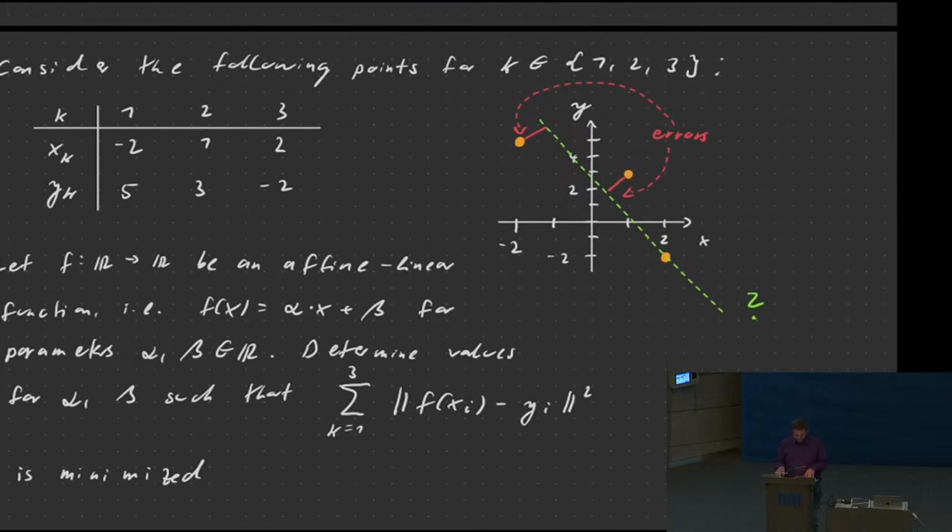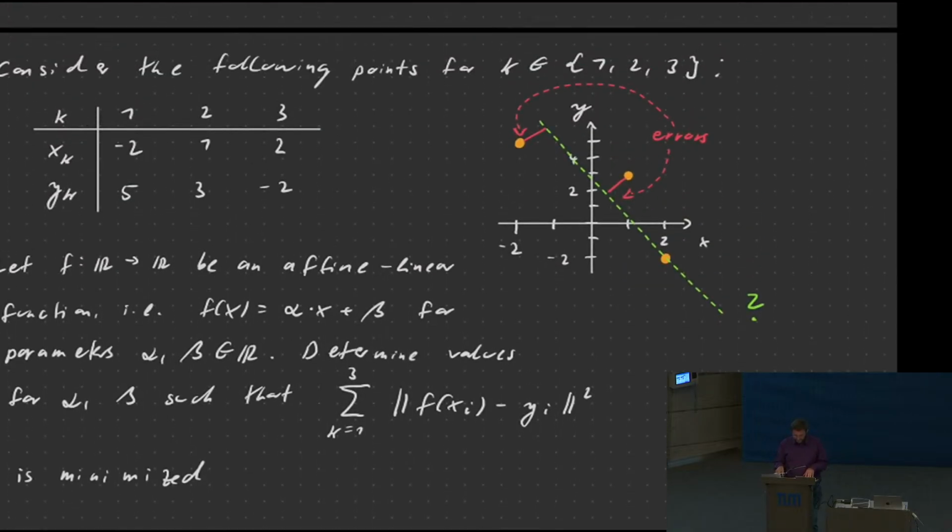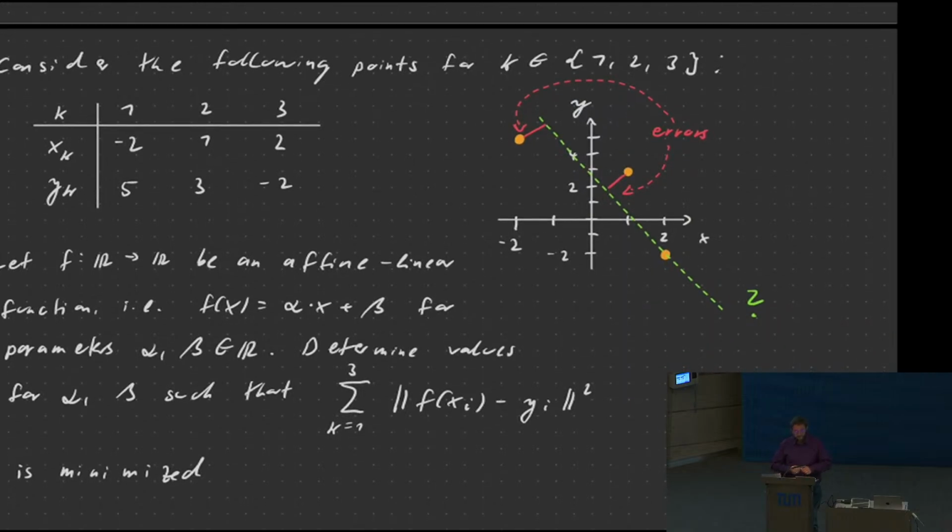So let's take a look at a little example. Let me just explain the setup briefly. So we've already seen that graph here. Again, here's a couple of measurements, and we suspect there is a law that basically governs those measurements, and we suspect there is a relation between X and Y value that looks like this.